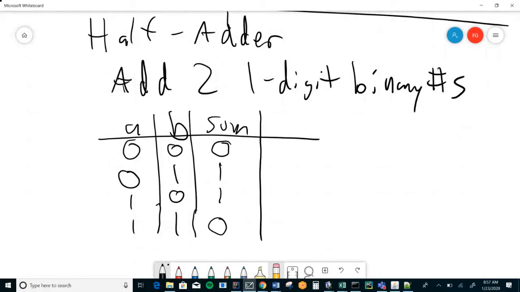So it's not really satisfactory to say 0 plus 0 and 1 plus 1 are the same thing. So I need another output. So what do you all want to do conceptually with this other output? What should it be? What might we call this other output?